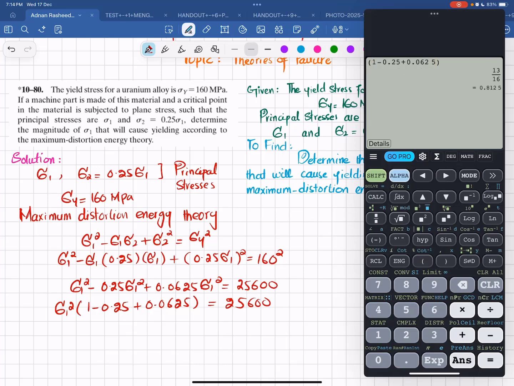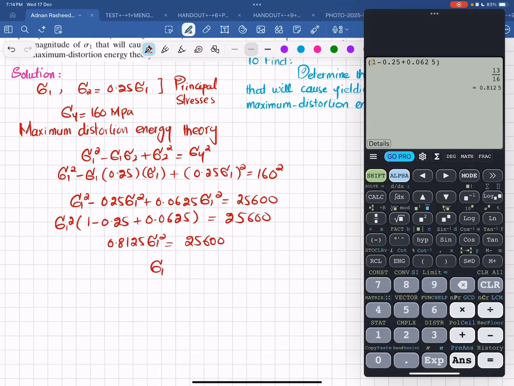So 1 minus 0.25 plus 0.0625 gives 0.8125. So 0.8125 sigma 1 square is equal to 25600, and sigma 1 square will be equal to 25600 divided by 0.8125.